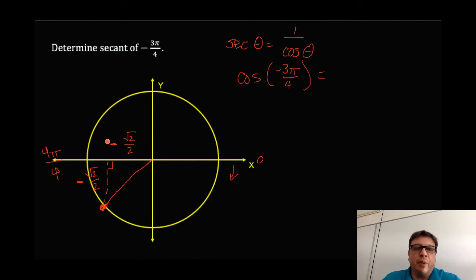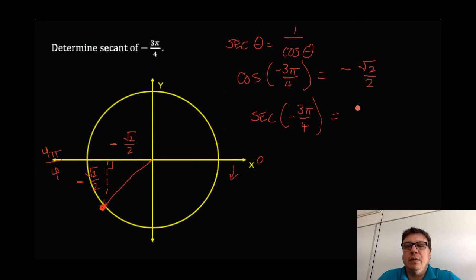It's my x component, so that's equal to negative square root of 2 divided by 2. Secant says take the reciprocal of that function, so we're going to do that. So then secant of negative 3 pi divided by 4 is equal to, a reciprocal still keeps the sign, so it's still going to be negative, and then 2 divided by square root of 2.